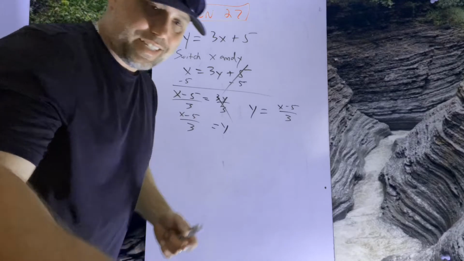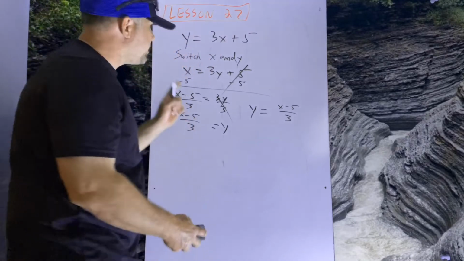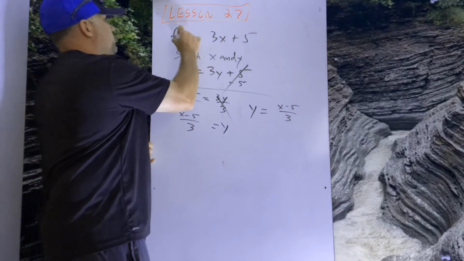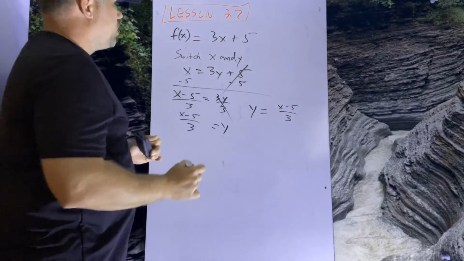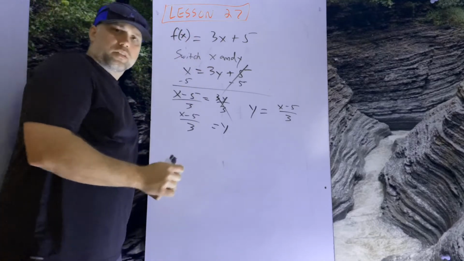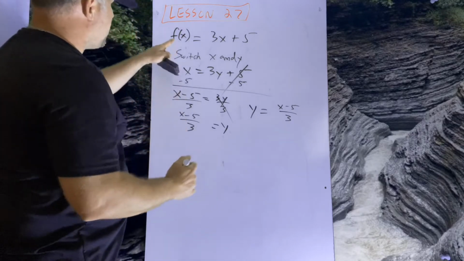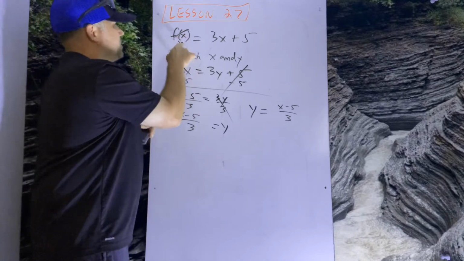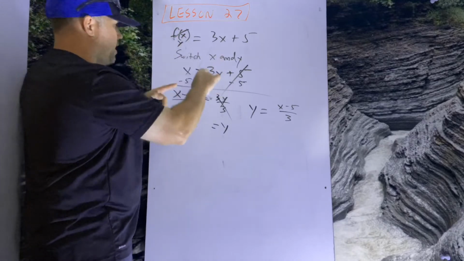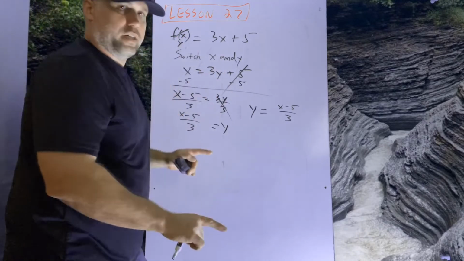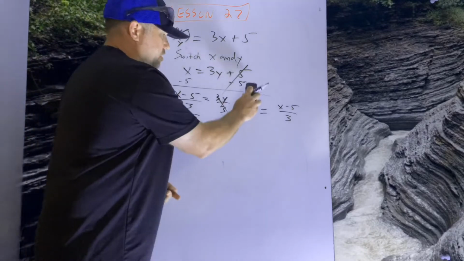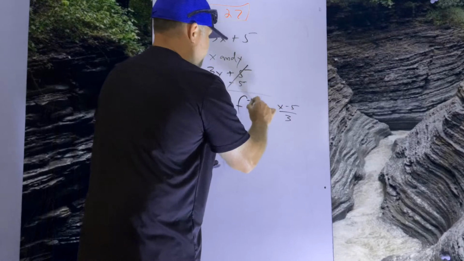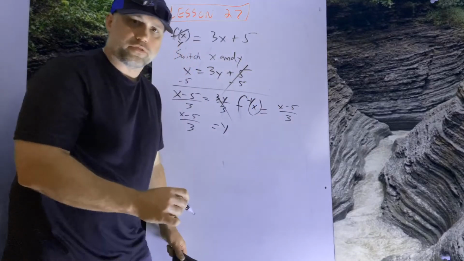Now, like I said, you don't have to put it in function notation, but if this was in function notation to begin with, we could simply switch this to a y, no problem. Just say, we're going to call this y, flip-flop, solve, get it all done, and when we're done, just change this y right here to f inverse of x, using inverse notation.